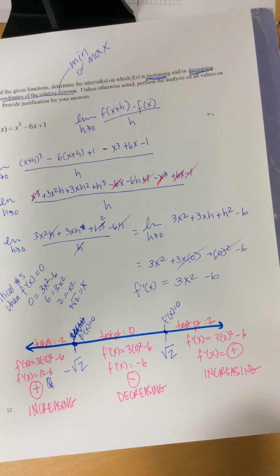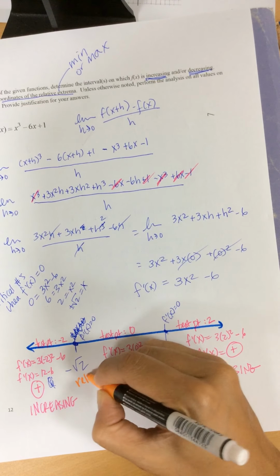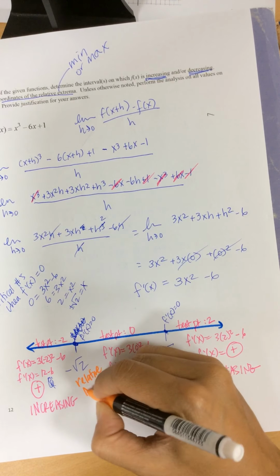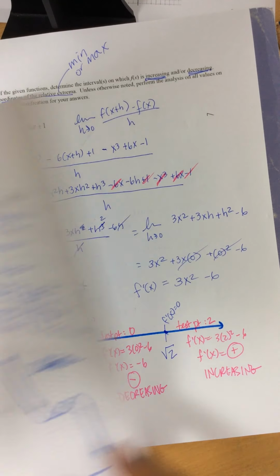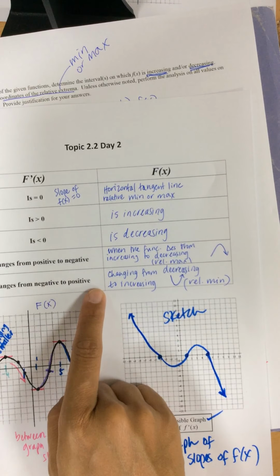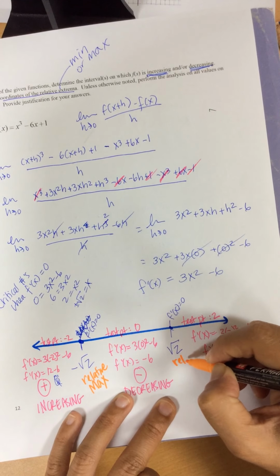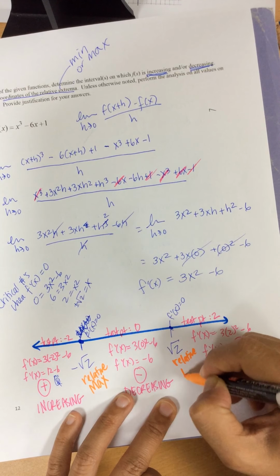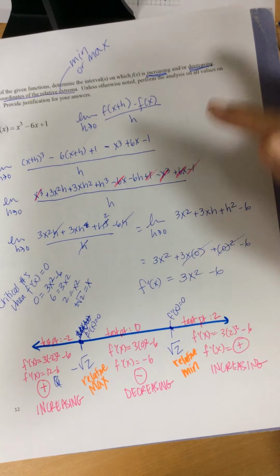So this right here is a relative max, okay? Are there any relative mins where the derivative changes from negative to positive? Yeah, right here. Here's a relative min.